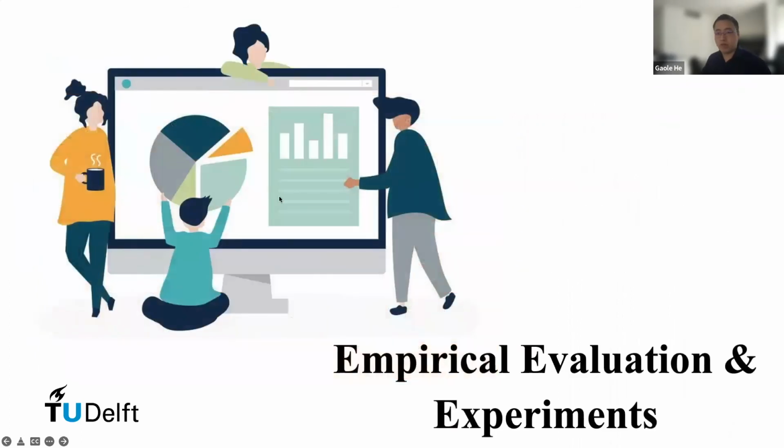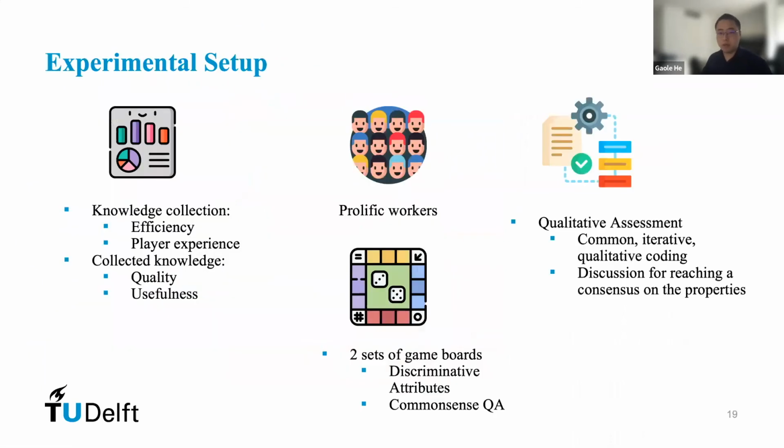Then let's move to the experimental evaluation of the collected knowledge. In our experiments, we evaluate the knowledge collection process and the quality of collected knowledge. All players are crowd workers hired from the Prolific platform. The game boards are generated from two benchmarks of different tasks, namely discriminative attributes and commonsense question answering.